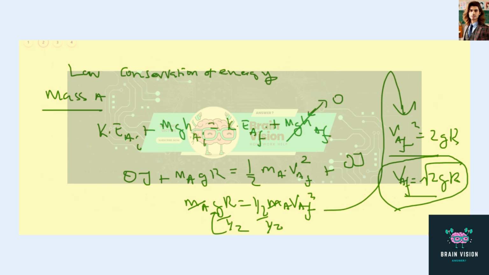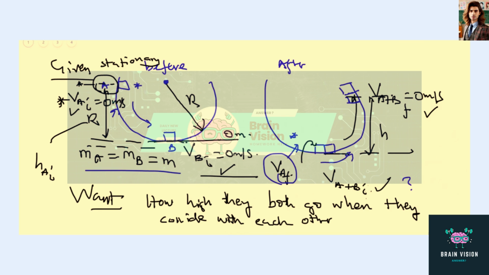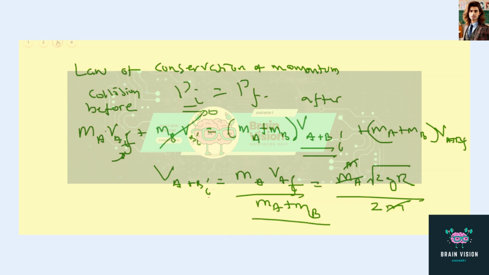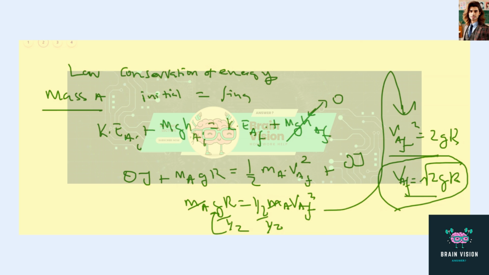And so we're using the law of conservation of energy. The initial energy of the system is equal to the final energy of the system. Initially, the kinetic energy of A is 0 because the initial velocity of A is 0.